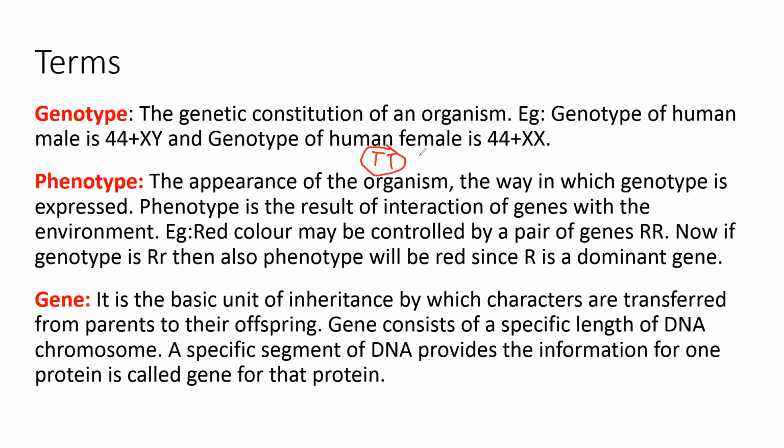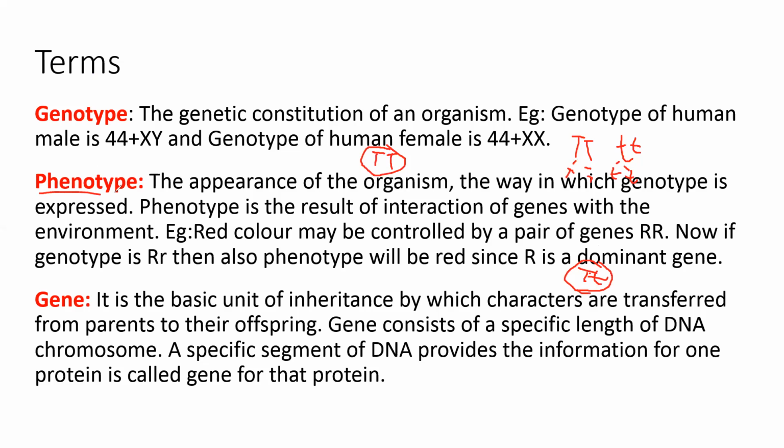Another example we'll look at later: when you cross a tall plant with a short plant, in the first generation you get this. Here the genes separate into capital T and small t, and the genes recombine to form this. So this is the genotype.